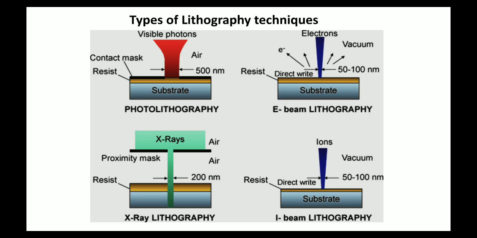Ion beam lithography is similar to electron beam lithography, where you don't need any mask to make the pattern. There is a substrate and photoresist, and directly, instead of electrons, you are using a beam of ions to make the pattern on the photoresist.